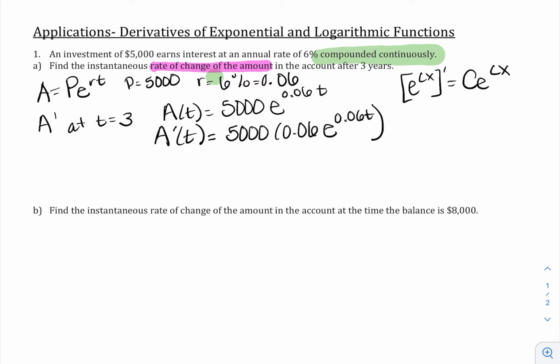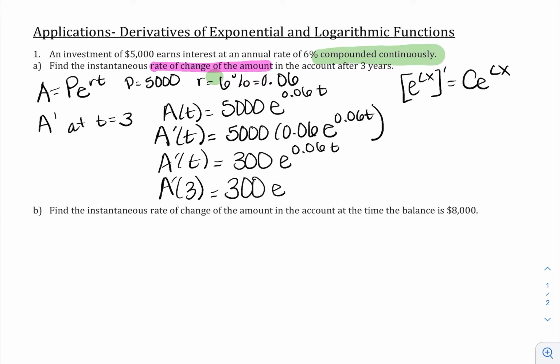So we can multiply 5,000 by 0.06 and simplify that a little bit. So A prime of t will give us 300 e to the 0.06t. And now we can find the rate of change at 3 years. So now you can plug in 3. So that will give us 300 e to the 0.06 times 3.